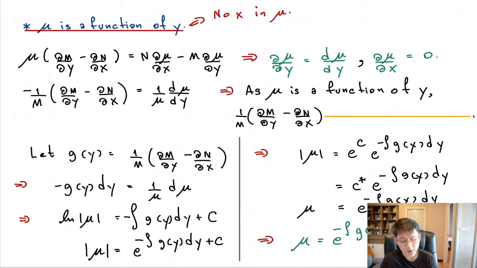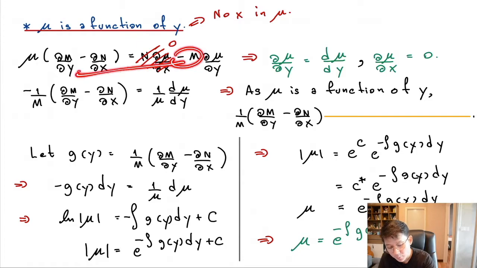Okay, so in that case, this disappeared. Oops, sorry, it's the other one. This disappeared, right? It becomes 0 because d mu by dx is 0. Okay, so guys, I move this minus m to this side and I move mu to this side.